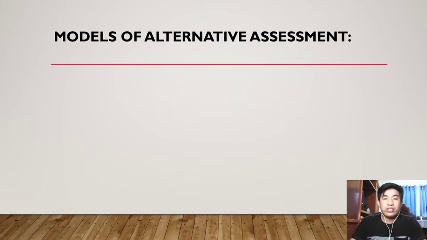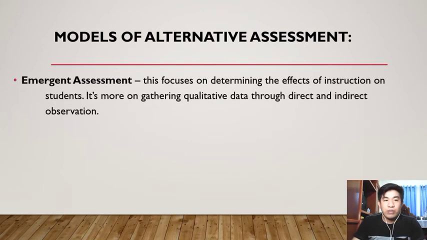Models of alternative assessment. The first model is emergent assessment. This focuses on determining the effects of instruction on students. It's more on gathering qualitative data through direct and indirect observation. So take note of the words qualitative data. The data gathered by the teacher through direct or indirect observation is in the form of narrative.